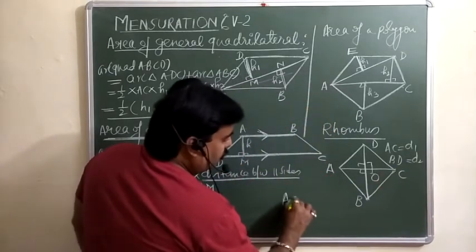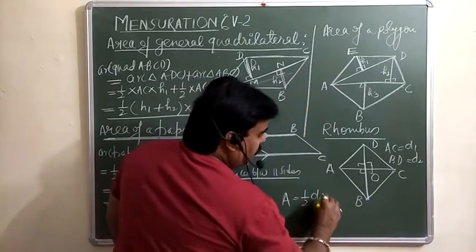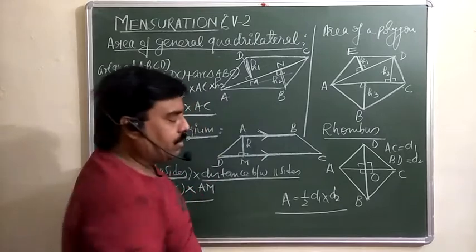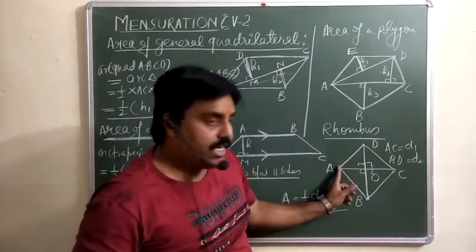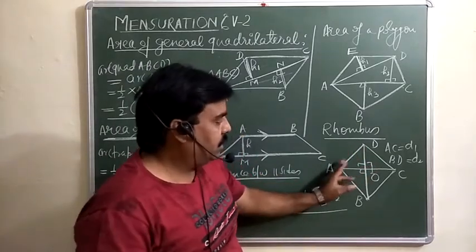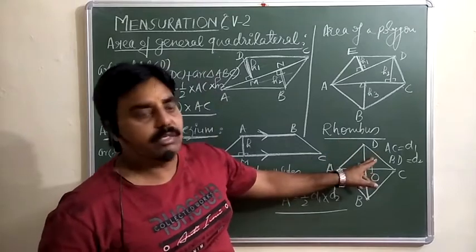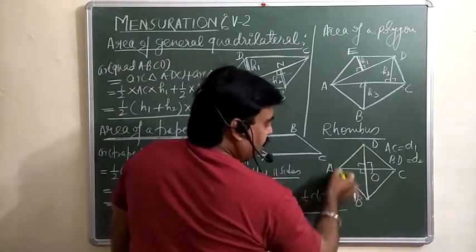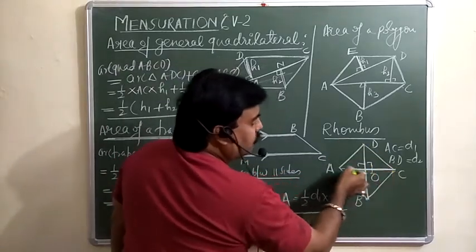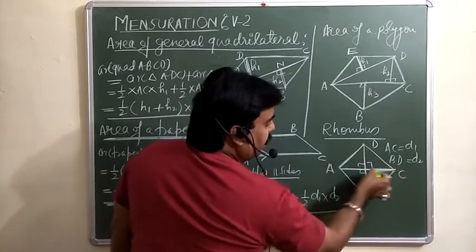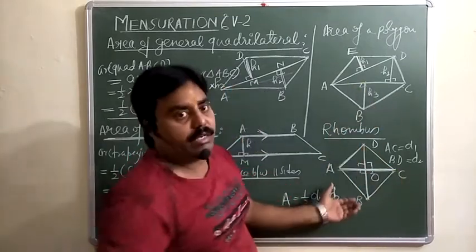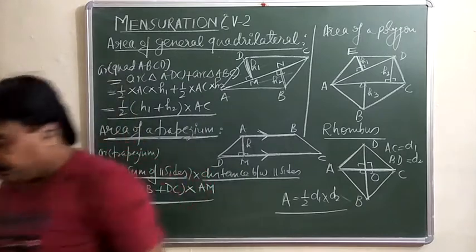Then area will be equal to 1 over 2 D1 into D2. But sometime what happen? कई बार क्या होगा कि आपको side given होगी, simple side is given, and they can ask to area of this one. In that case, side will be given and at least one diagonal they will give you. Side देंगे और एक diagonal देंगे. Then also you can calculate the area of this one only. Have a look.